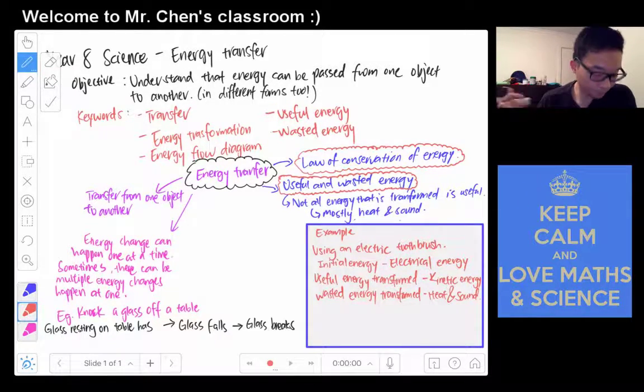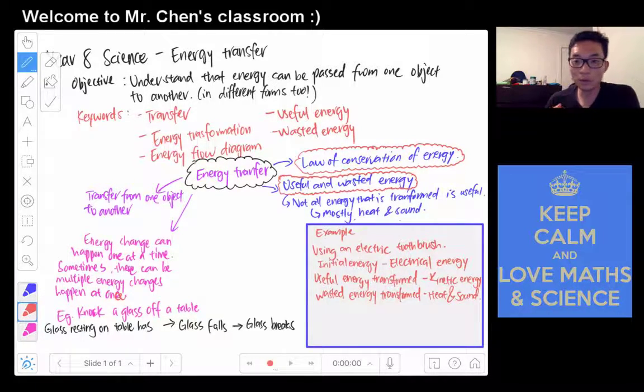Energy change can happen one at a time. However, sometimes there can be multiple energy changes happening at once. For example, knocking a glass off a table.